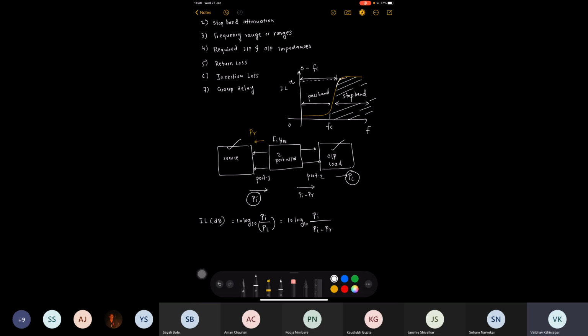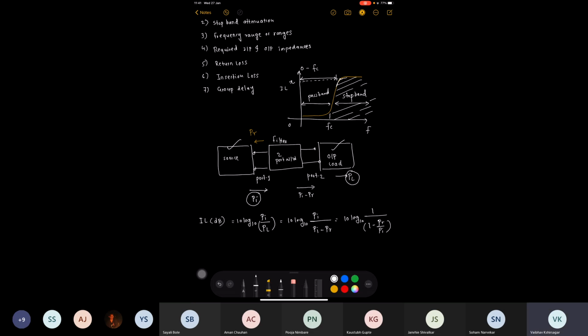If we divide numerator and denominator by Pi, in the numerator Pi upon Pi gives 1, and in the denominator we get 1 minus PR upon Pi.